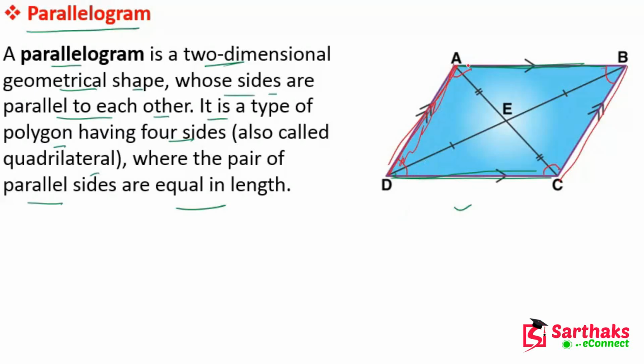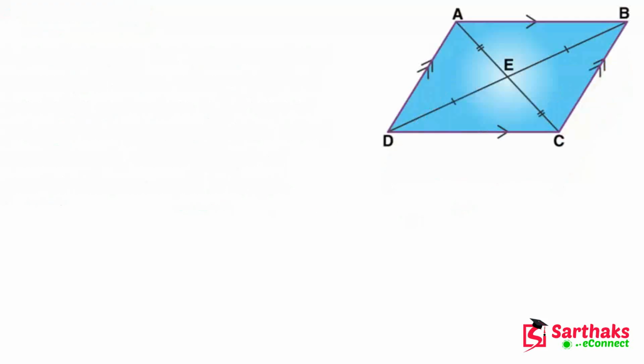So angle A and angle D are interior angles on the same side of the transversal, and the sum of angle A and angle D is 180 degrees. One more important thing is that the sum of all the interior angles is equal to 360 degrees. I hope you get this point, my dear friends.